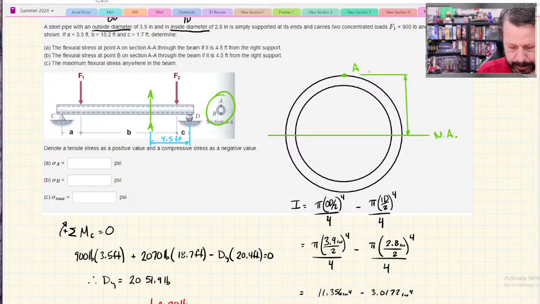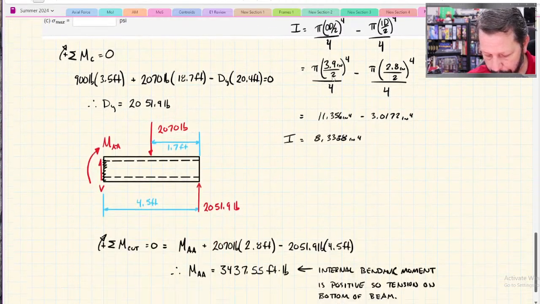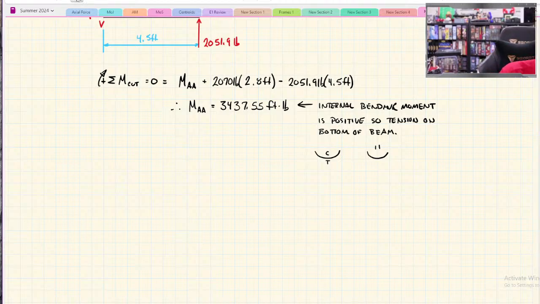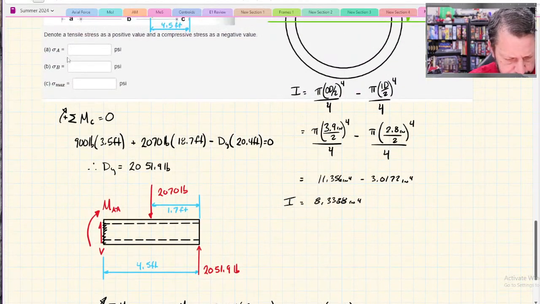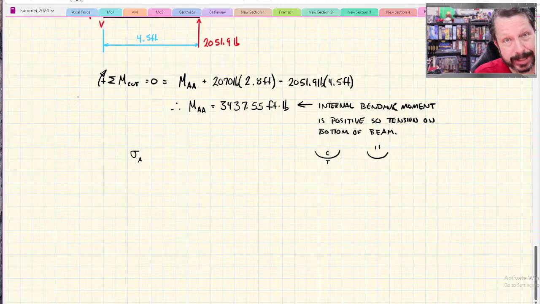So 3.9 divided by 2, 1.95 inches. That's going to be the value for y in our flexural stress equation. They called this one sigma A, capital A. So it's the stress not on section AA, but at point A.